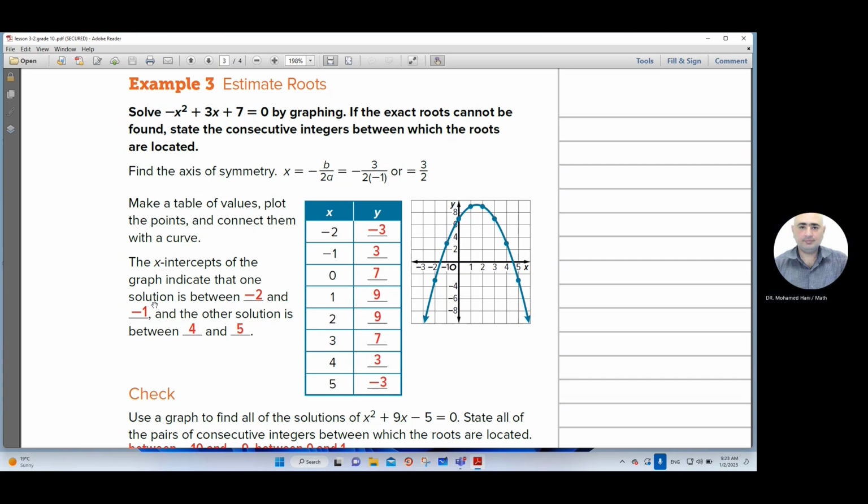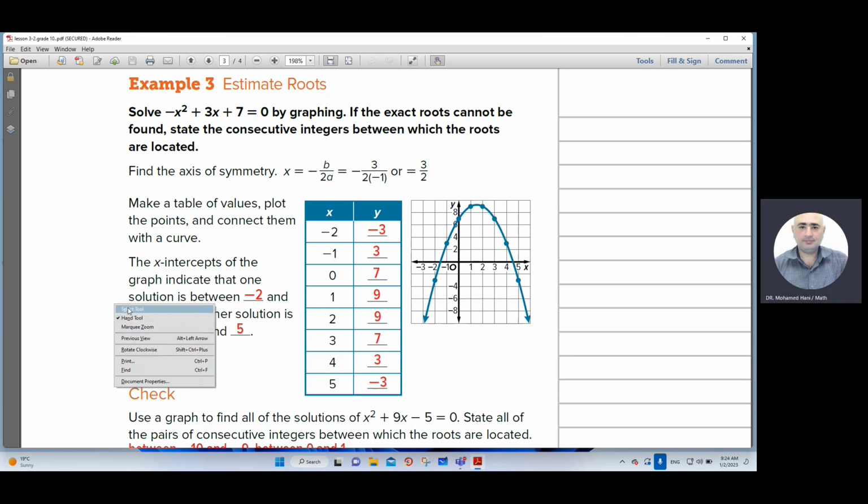So one solution is between negative 2 and negative 1, and the other solution is between 4 and 5. So I want all of you to write the question, write here the line of symmetry, graph the curve here, and create the table. Then write just the solution.